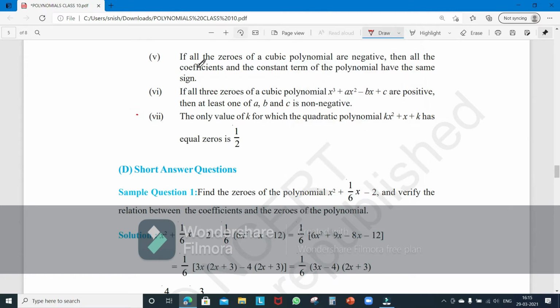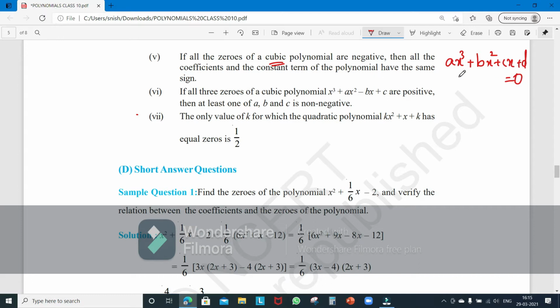Right. If all the zeros of a cubic polynomial are negative, then all the coefficients and the constant term of the polynomial have the same sign. Okay, it's a cubic polynomial, so it should be a x cube plus b x square plus c x plus d equals 0.